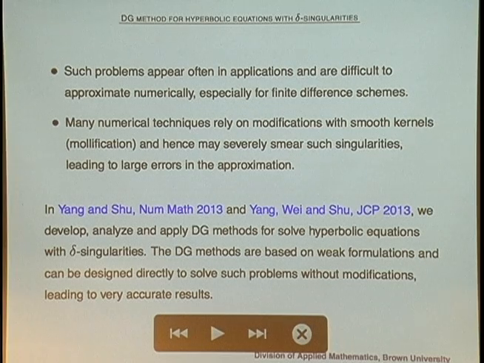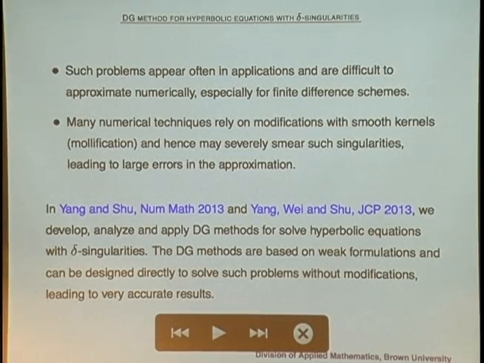However, the DG method is a good method because it's based on weak formulations, it's based on integrals. And you want to say that if I have a delta function, and I multiply it by a test function which is in my finite element space, which is piecewise polynomial, does this integral make sense? Actually, it does. Mathematicians have already shown that this is well-defined. So if you have a delta function multiplied by a piecewise smooth function and integrate, this integral is well-defined.